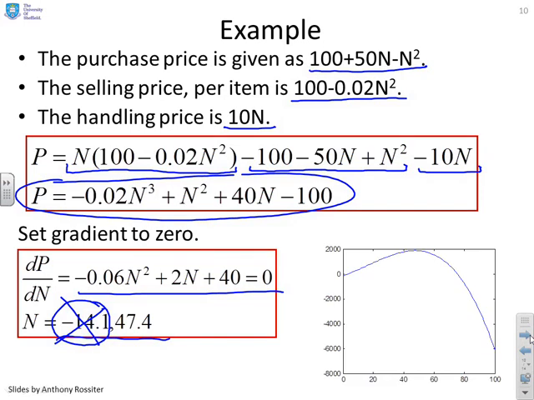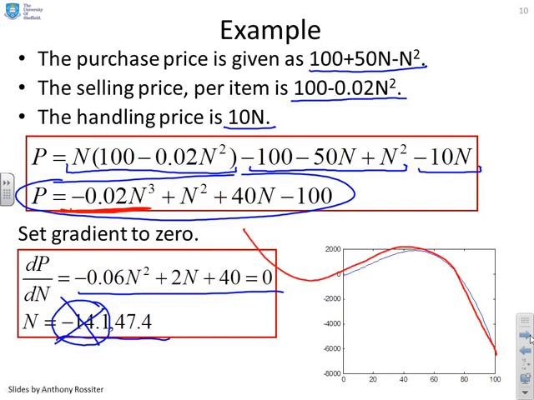Next, I can do a little sketch. Okay? Well, I know that this is a cubic, and I know the standard shapes of cubics, and I also know, if you look over here, that the coefficient of the n cubed is negative, and therefore this function has to be going off to minus infinity as n goes off to infinity, and therefore I know the curve must have this type of shape.